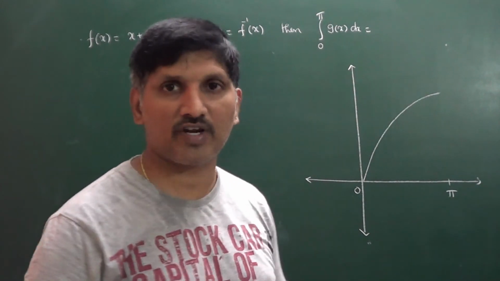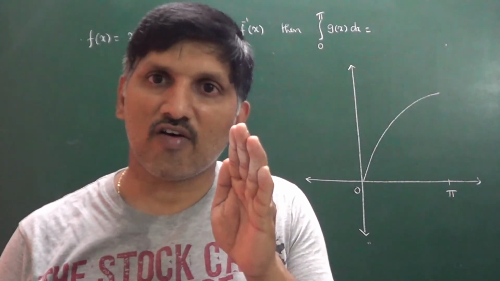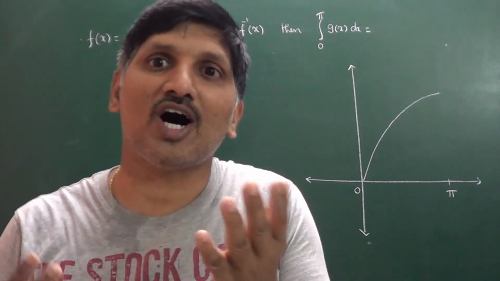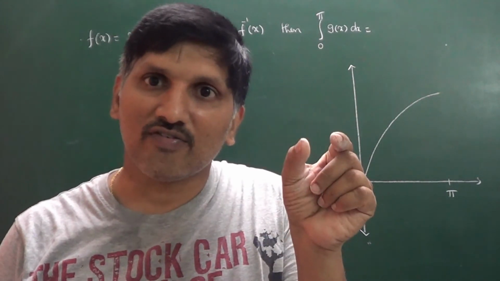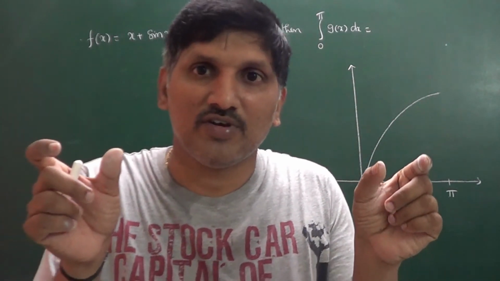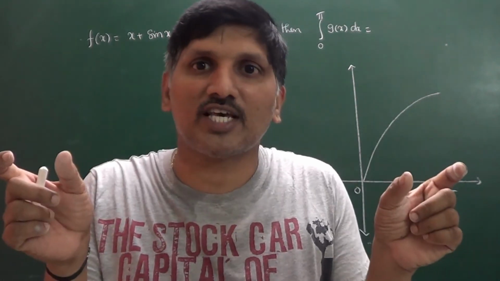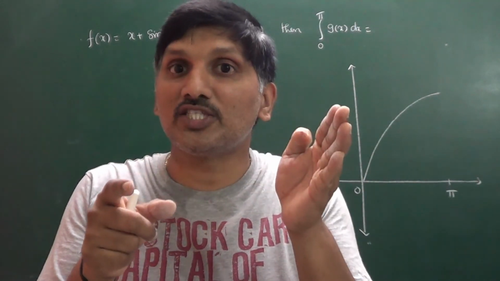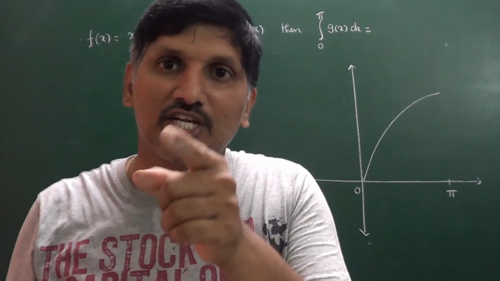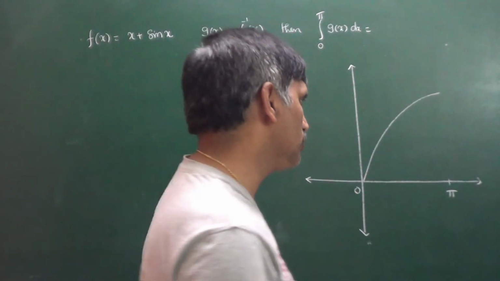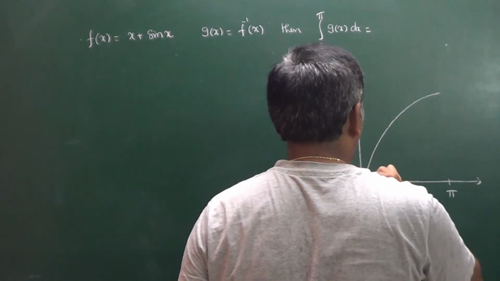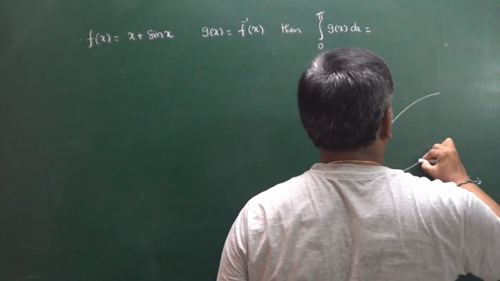And you must have the information about the graph of f of x and f inverse of x, how they are. The f graph and f inverse x graph, you can check, one is the mirror image of the other with respect to the line y is equal to x. This is the graph of f inverse of x.